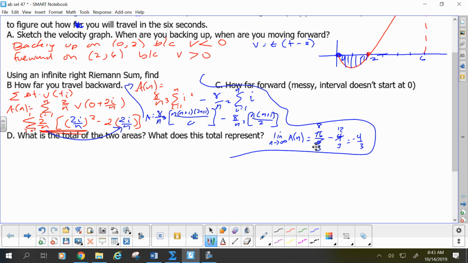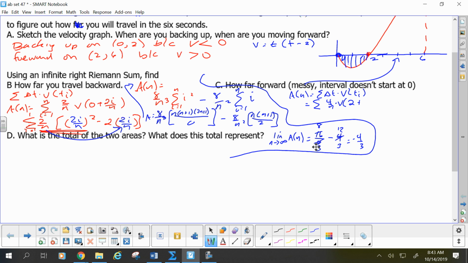How about how far forward? We're going to take the rectangles from 2 to 6. Okay, so it's the same idea. The area function is delta t times v at t sub i. Delta t now is 4 over n, and v at, now v at what t's is starting now at 2.